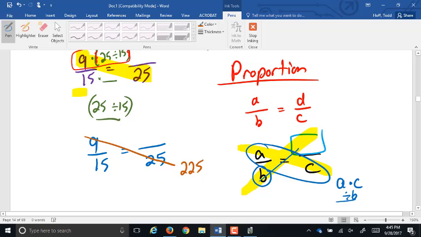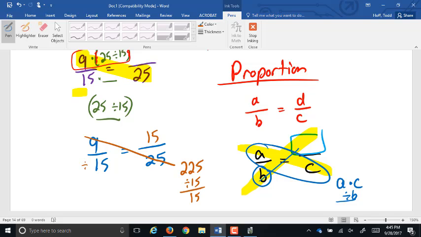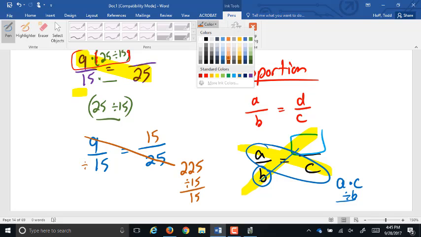Then we take the number on the other diagonal and divide by it. 225 divided by 15 is 15. So 9/15 is equivalent to 15 out of 25.